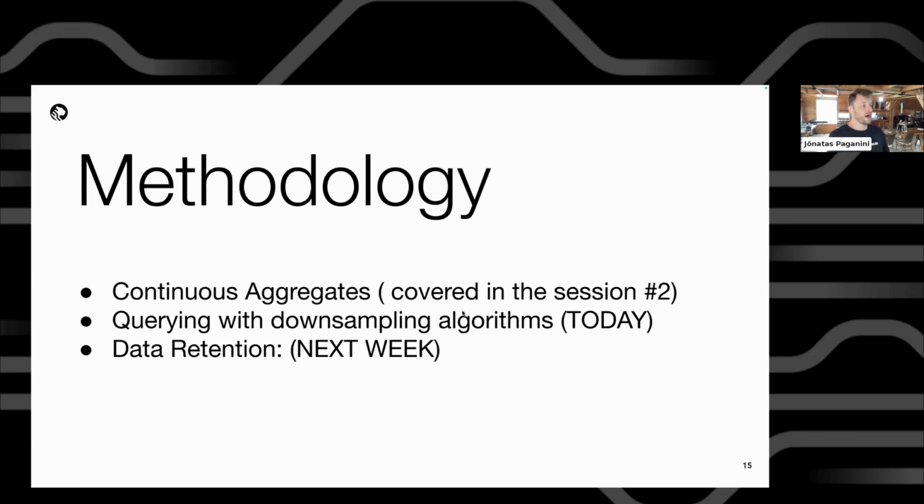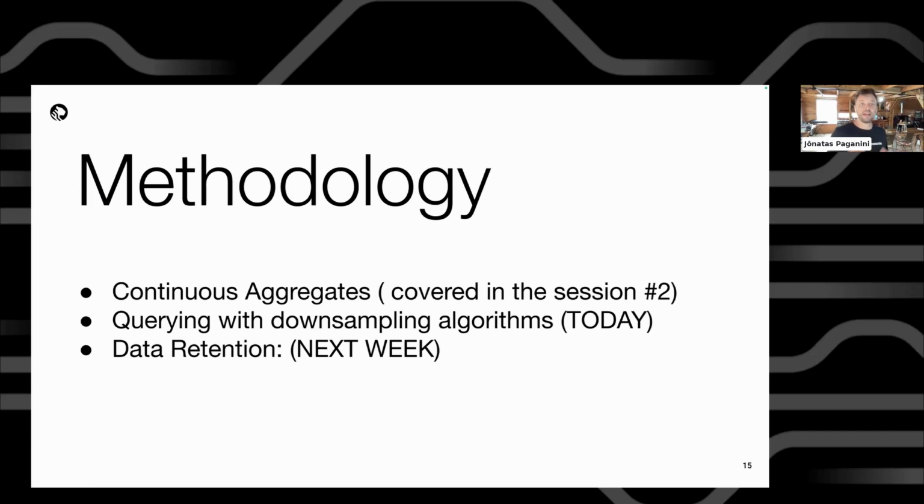So we have downsampling as a concept that means you are reducing your data into some other level of granularity. And if you think about continuous aggregates, it's also a type of downsampling method.